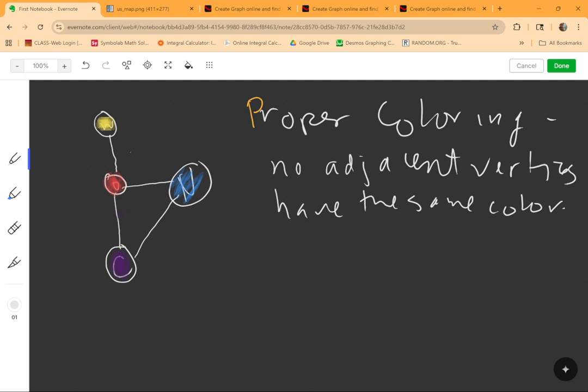Now, the more interesting question is, what is the minimum number of colors needed for a proper coloring?